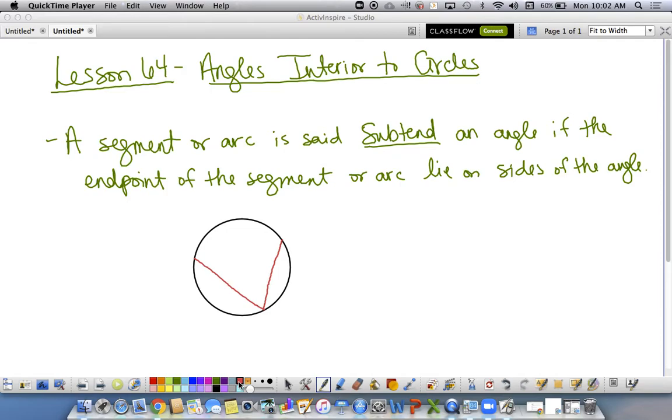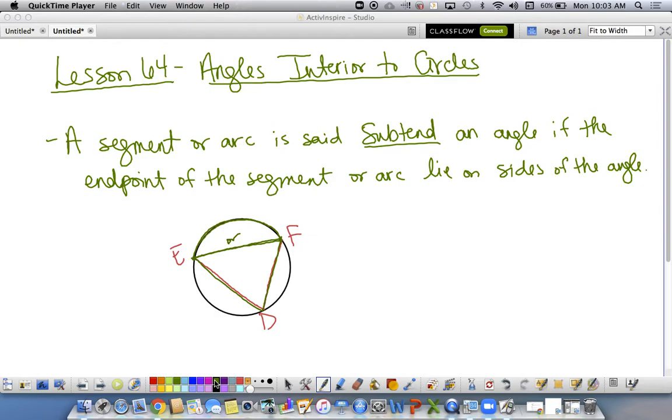All right, so they do an E. It would be said that arc EF subtends angle EDF, or line EF subtends angle EDF. Or in your book, they say angle EDF is subtended by EF or DF. So really what we're looking at is this arc or this segment subtends this angle.